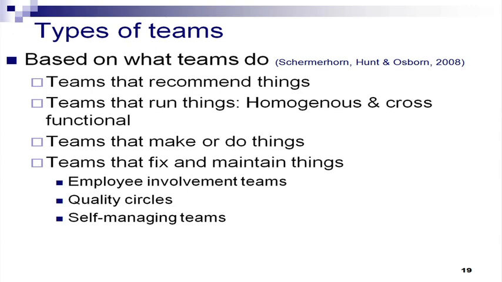Teams that make or do things, teams that manufacture, teams that create things, teams that fix and maintain things is another one. In this we have employee involvement teams, where employees get together and talk about each other's wellness and relationships, and maintain the ongoing processes.